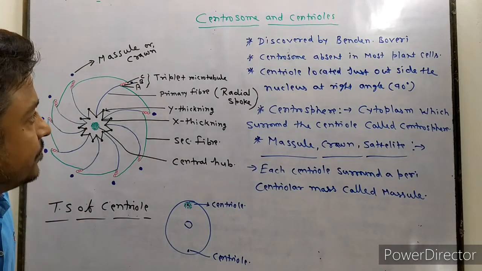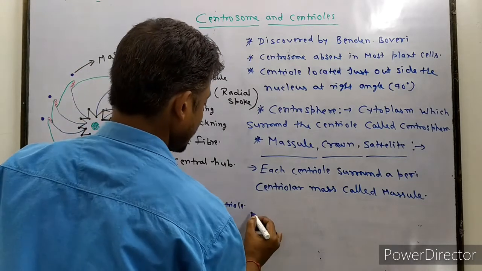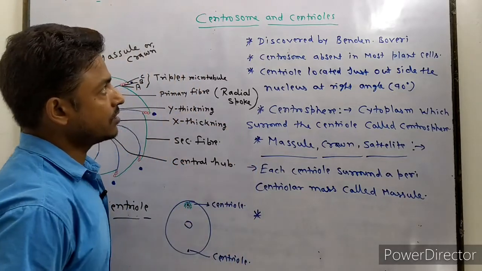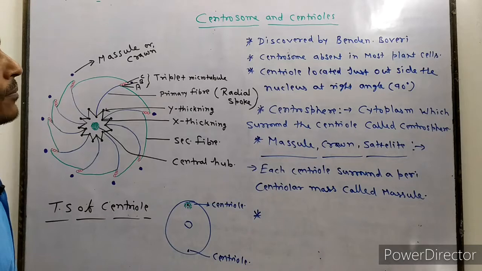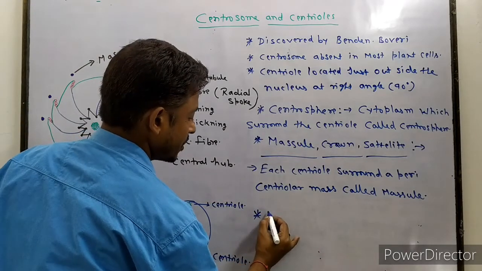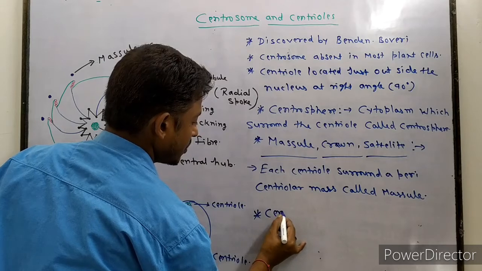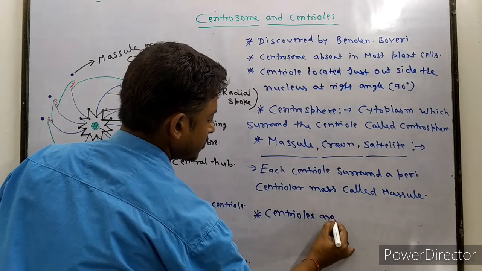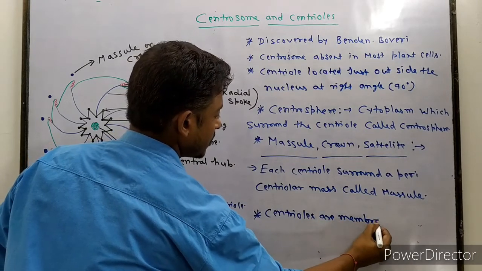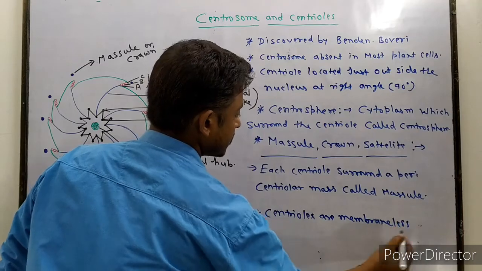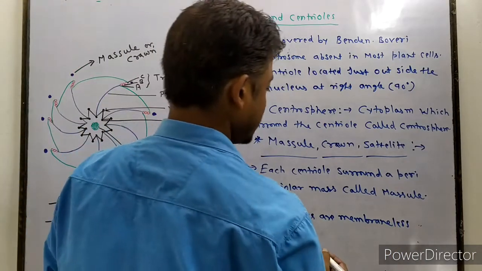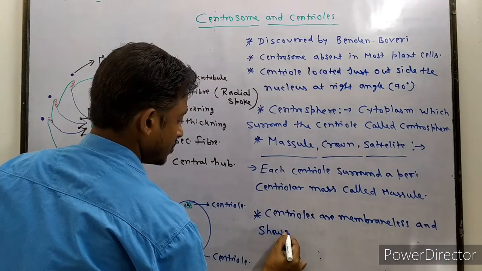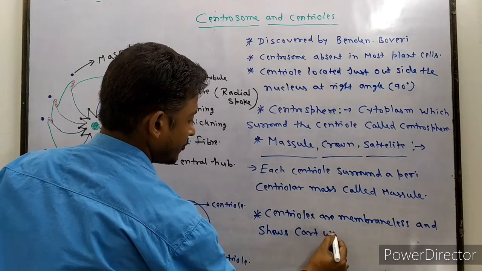Next, centriole is basically a membraneless structure. Centrioles are membraneless and show cart wheel structure.